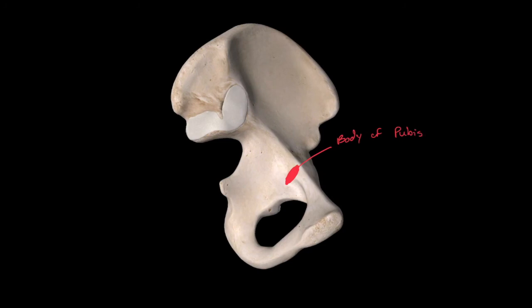Now, unlike the ischium, the pubis has two rami or ramuses, okay? Ramus meaning branch, and there are two of them. So let me go ahead and draw an outline of the pubis again. Good. We have two rami, one right here and one right here.